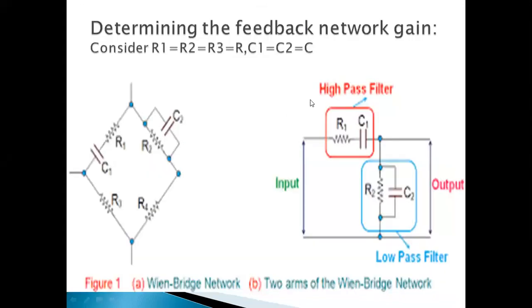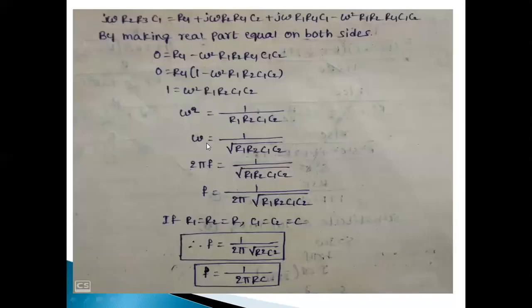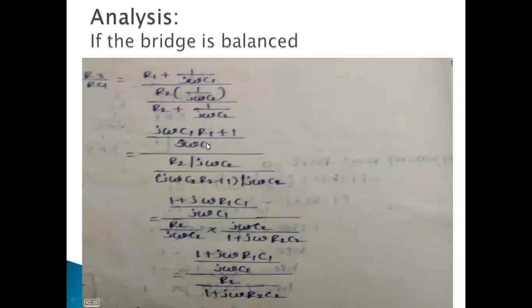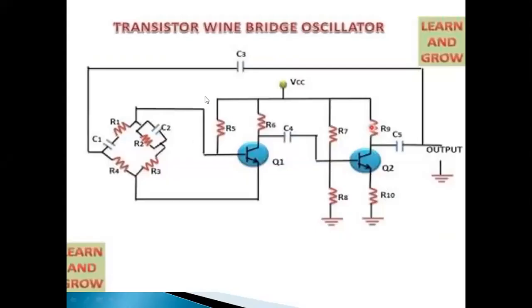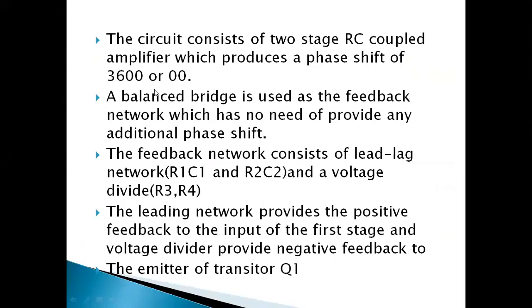So next one is finding the feedback network gain or determining the feedback network gain, that is beta. So feedback network gain means feedback network output by feedback network input. Okay. So from our circuit, what is the feedback network?